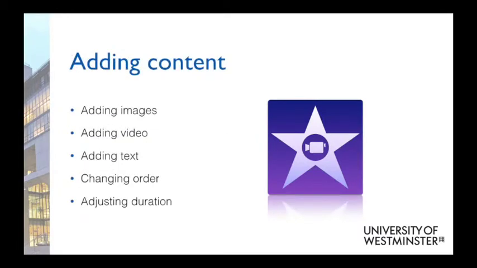So now, we could add the images that we already have. Maybe we've got video content. We'll also look at how you can add text so it appears over the top of images and over the top of videos. We'll look at how you can change the order of clips in your iMovie project and how you can adjust the duration of time of photos and video clips.